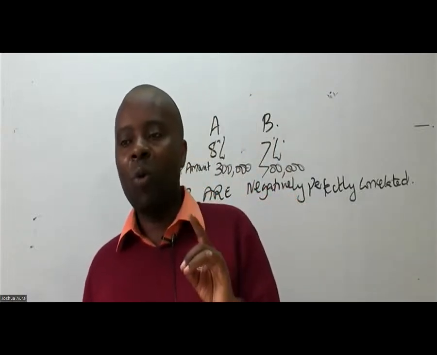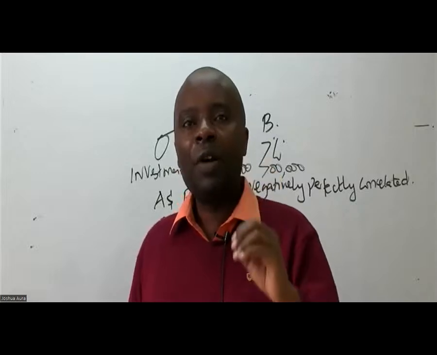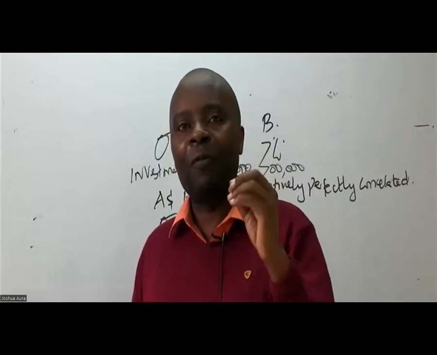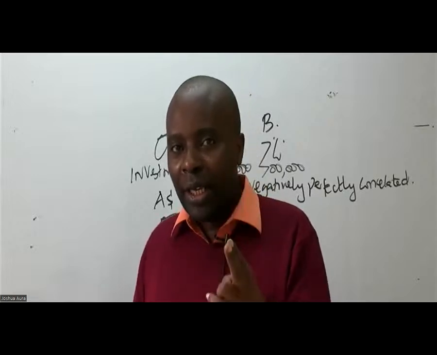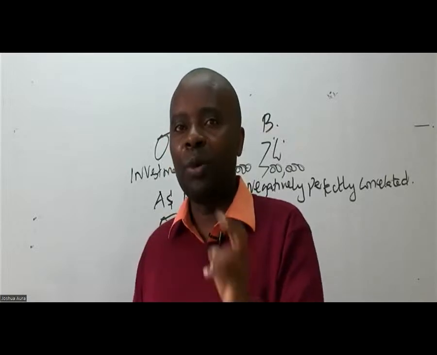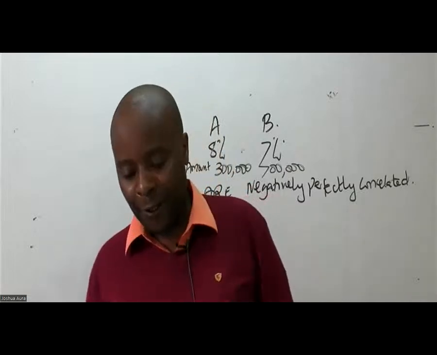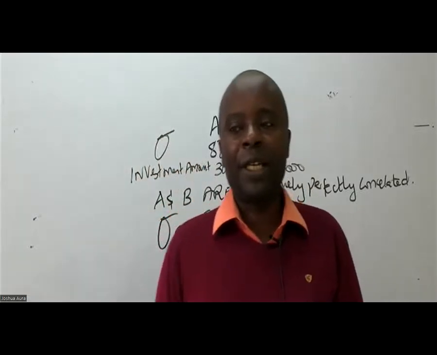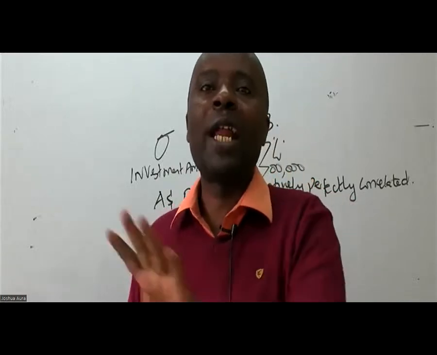Now, ladies and gentlemen, one thing that you are supposed to appreciate is that whenever you are told that securities are perfectly correlated, either positively perfectly correlated, R is 100%.